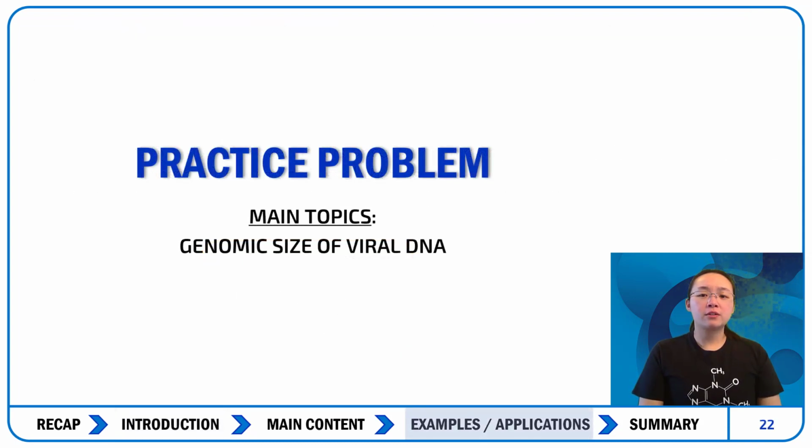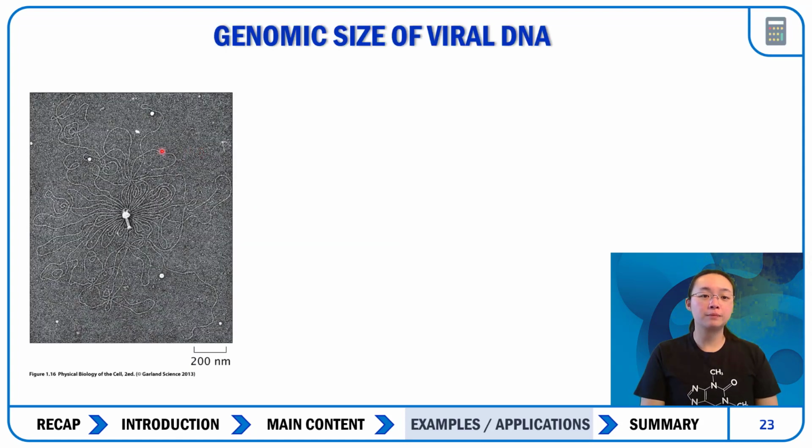So now let's answer the question we asked earlier in this lecture. We want to measure the genomic and physical size of viral DNA from the electron image here. So if we want to estimate the size of viral DNA, what parameters are we given first?